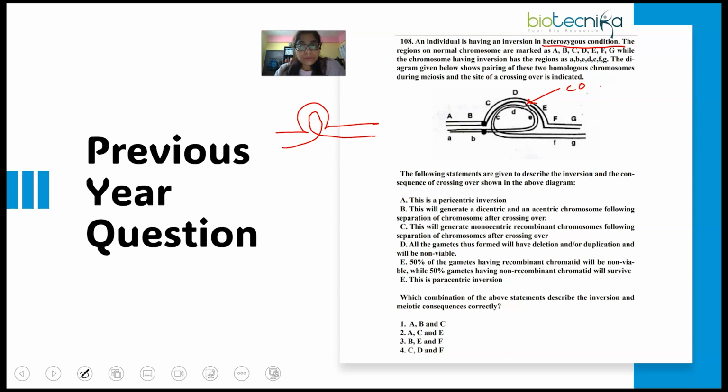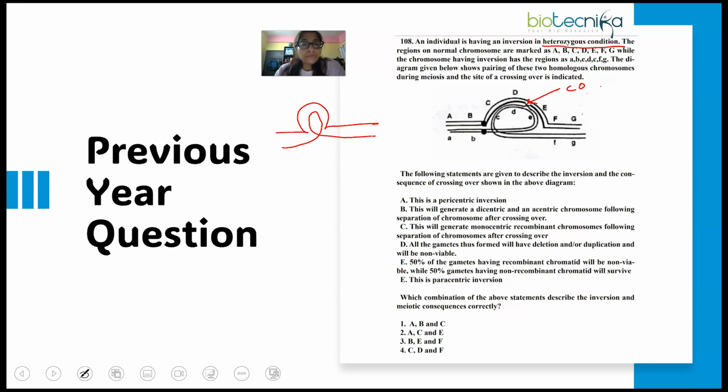Because this aligning is a trouble, and when the crossing over happens and the chiasmata resolves, the recombinants produced will be inviable.